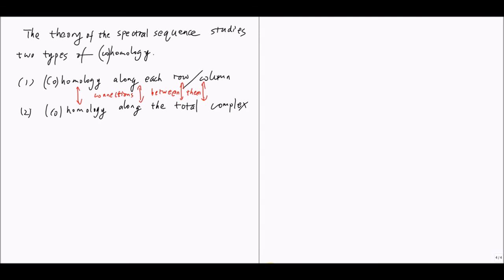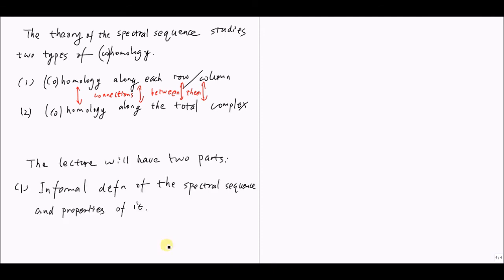This lecture will consist of two parts. First, I will give an informal definition of the spectral sequence and give some properties of it. And we will use the informal definition and the basic properties of spectral sequence to compute a couple of examples. So this is the first part of the lecture.